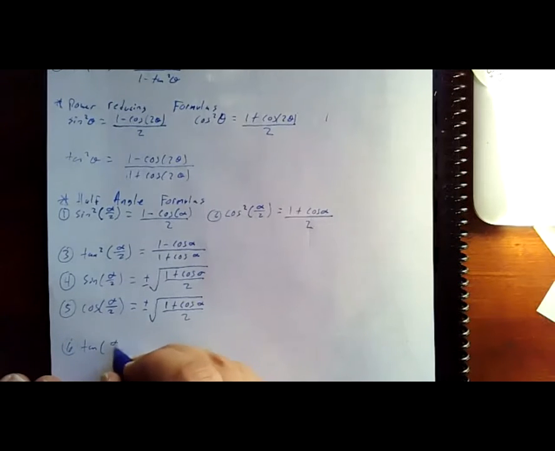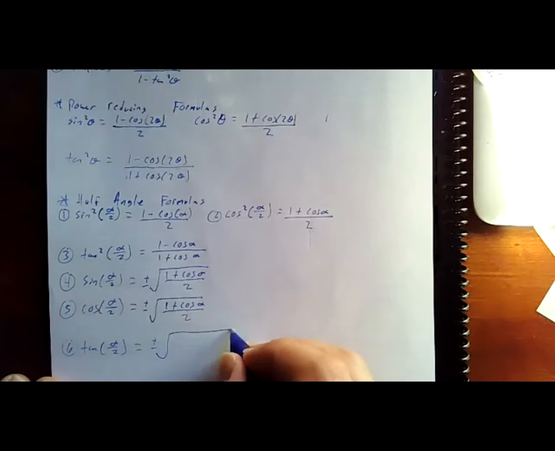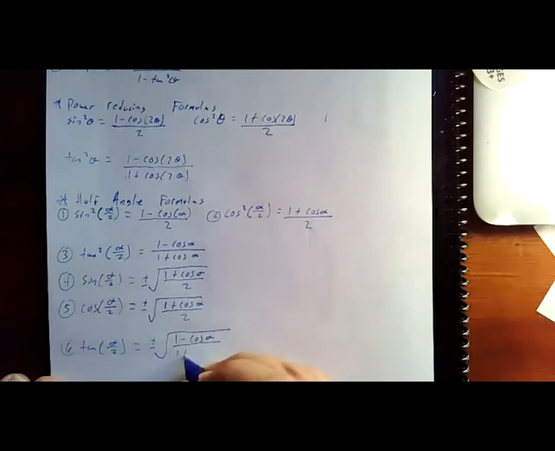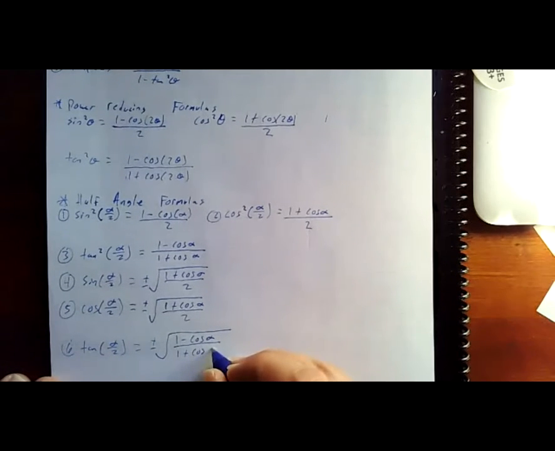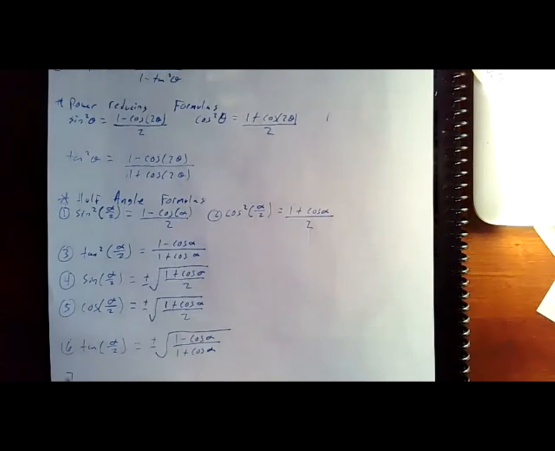Tangent of alpha over 2 is going to be plus or minus the square root of (1 minus cosine alpha over 1 plus cosine alpha). And then there's another form for tangent, one last one here.